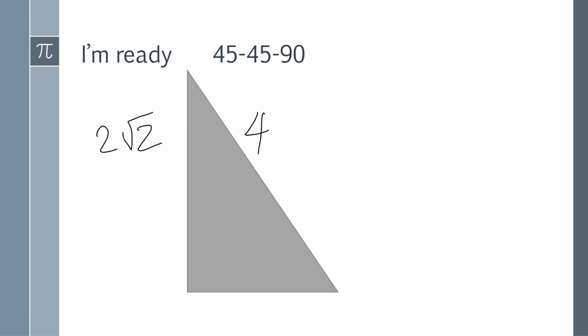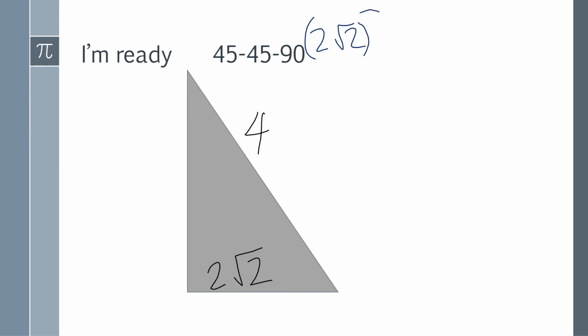So let's work this out. Well, let me take this back. What if I was to give you 2 square root 2 for the x? So now, let's do it. So we've got 2 square root 2 squared plus, we don't know what y squared is, but we know r squared is 4 squared.